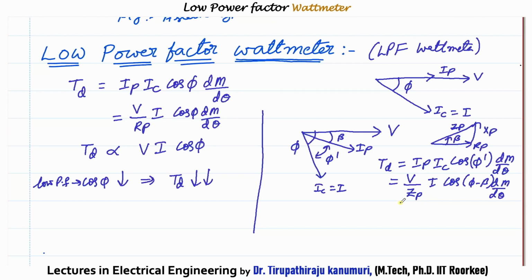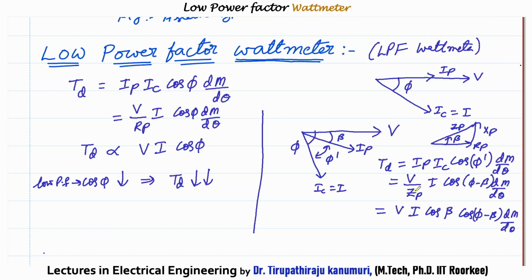We simplified this in the last class, so I am directly writing the final equation: TD is equal to V into I into cos beta into cos of phi minus beta into dM by d theta.